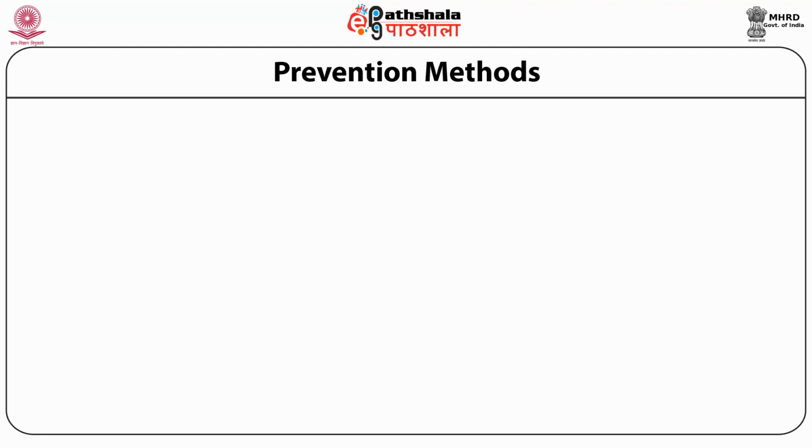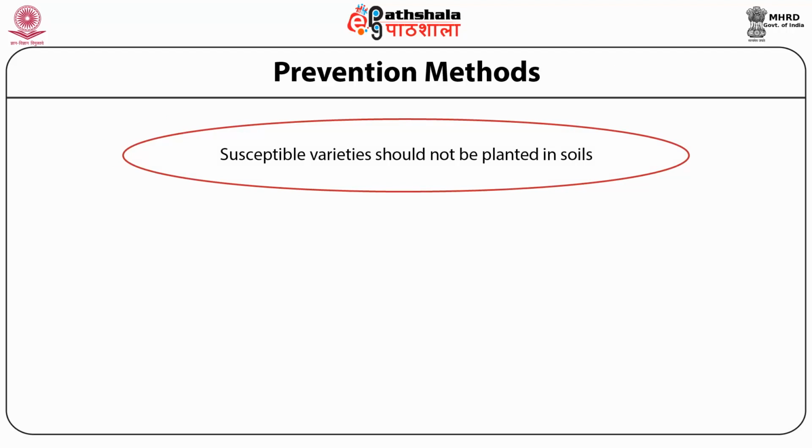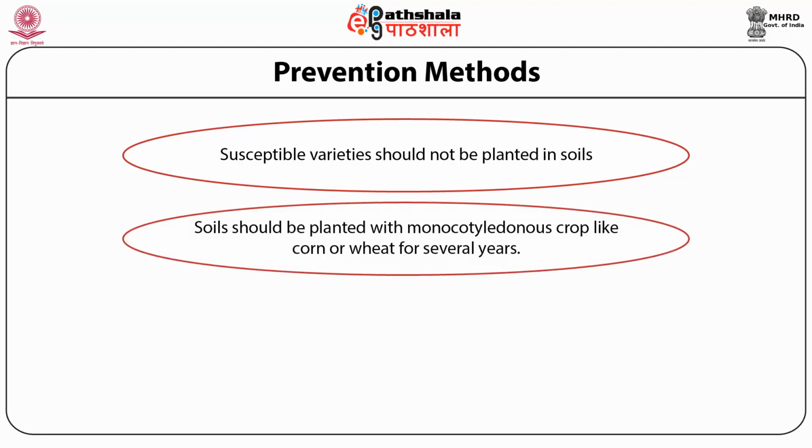If we consider the preventive methods, then we find there are susceptible varieties which should not be easily procured. Soil should be rotated.